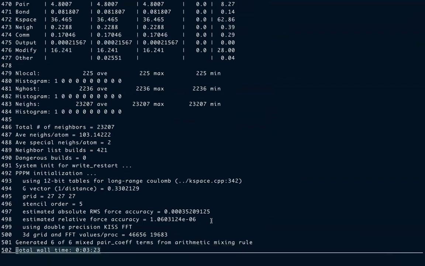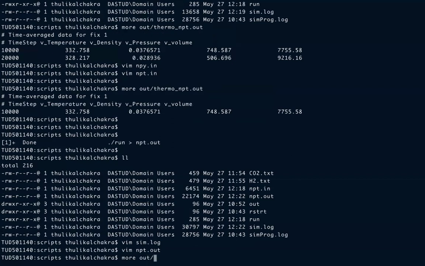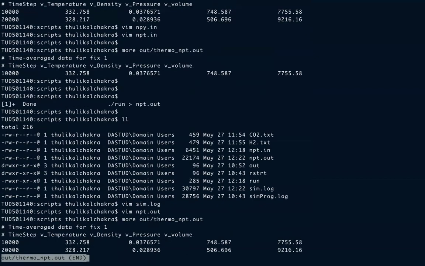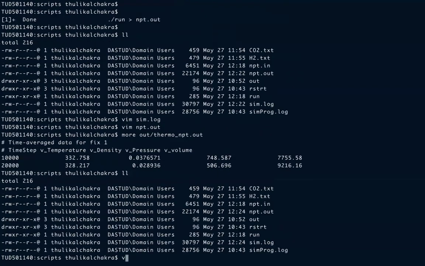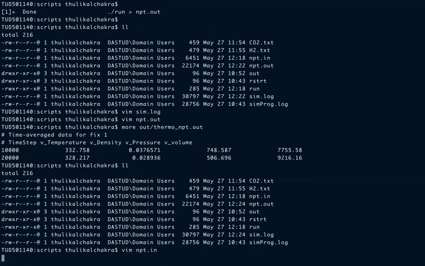That was a very short simulation, but the density values you obtained were already quite close to what RefProp predicts, which is 28.936. So this is very promising. If you wish to run this for a longer time and check if the results actually converge quite closely, then please do so. And you can also change the script to add in new materials.